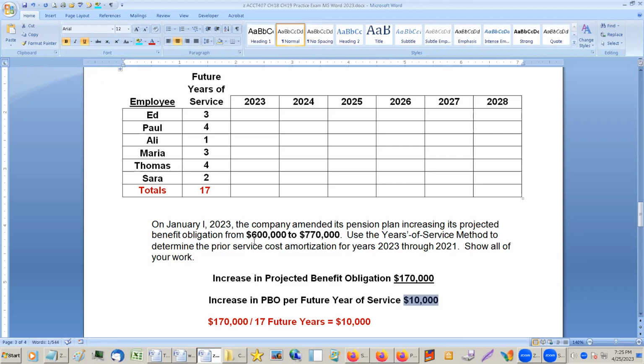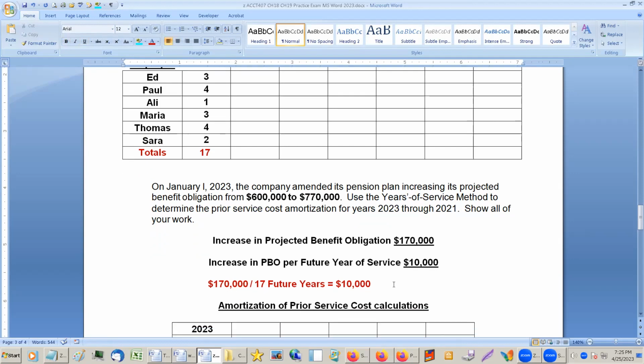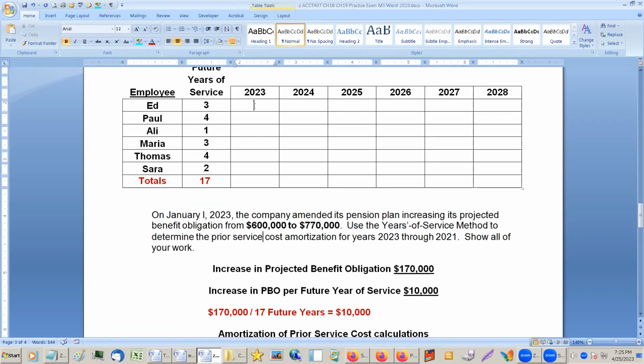So every future year, we're going to amortize $10,000. Okay, and we go back to this thing.